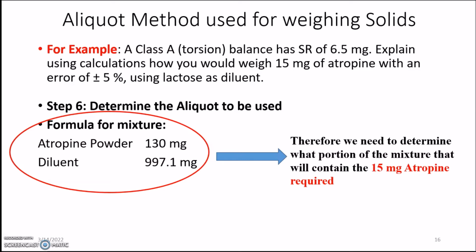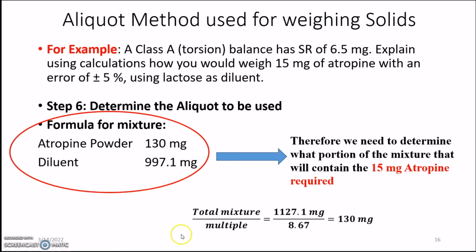And from that total mixture, I'm going to remove a portion of it that will contain 15 milligrams. And how do I do that? I divide it through by the multiple to determine the amount of aliquot that I need to weigh.